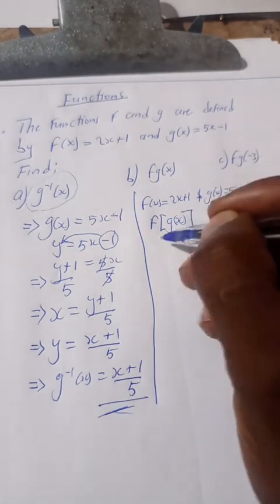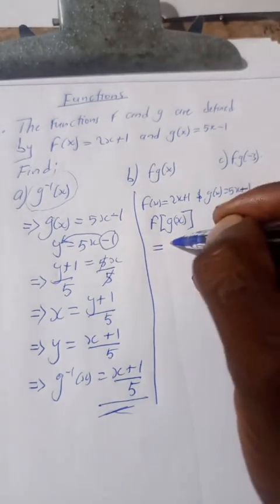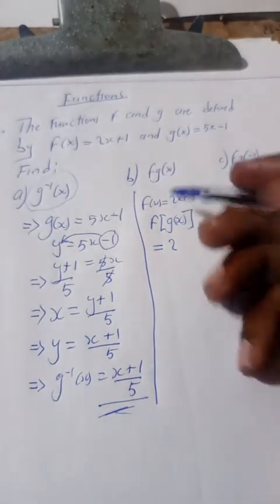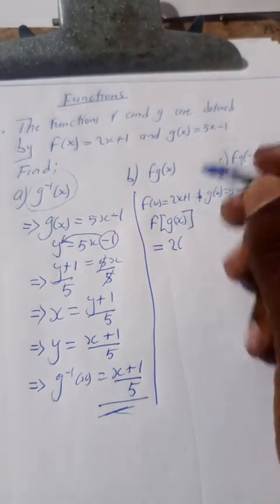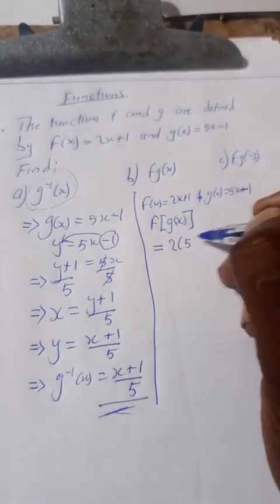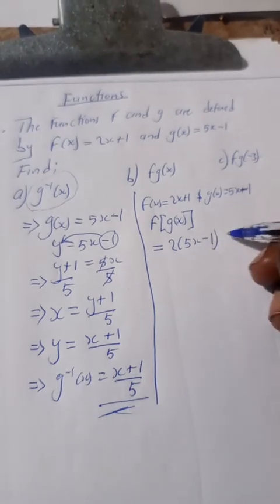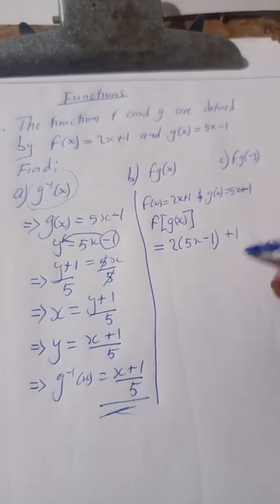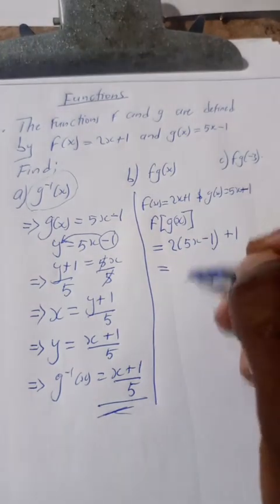So 2 in the function of f is multiplying with x, so in this case it's going to multiply with the whole function of g. So we're going to have 5x minus 1, plus 1.